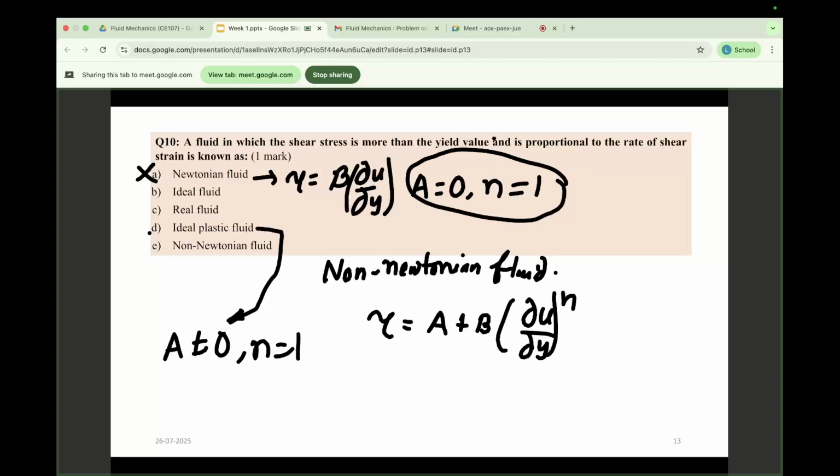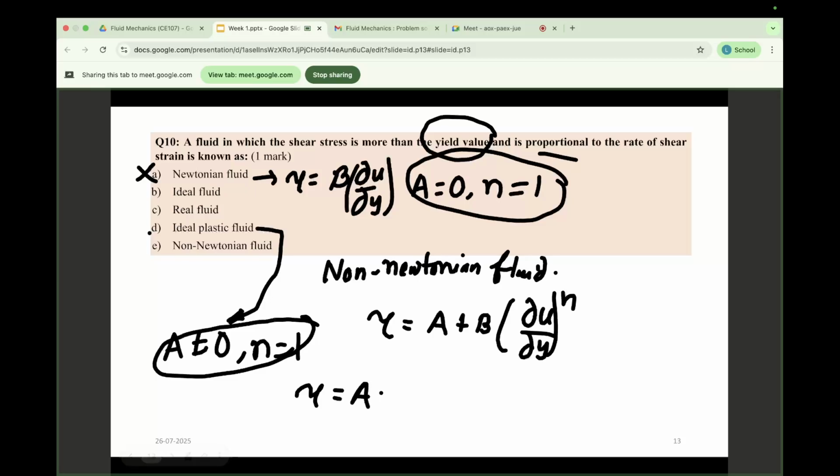Already a yield value is there, so it should not be 0, and it says proportional, and proportional means there shouldn't be any power. That is the condition given in the question, and this condition is only satisfied for an ideal plastic fluid. So the correct option is option D. Is it clear to everyone?